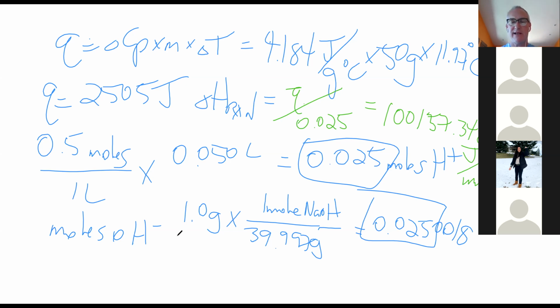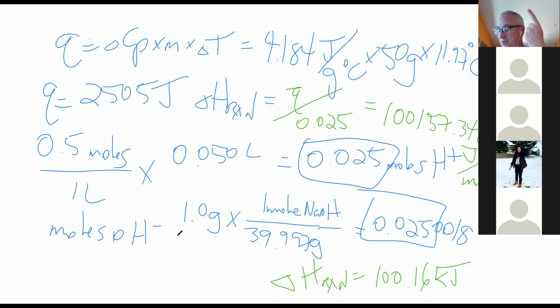So basically, how many kilojoules per mole is that? Then you have to multiply that by 1 kilojoule over 1,000 joules. Right. So our delta H reaction is going to be like 100.16 kilojoules. Our first reaction was just the sodium hydroxide dissolving in water.